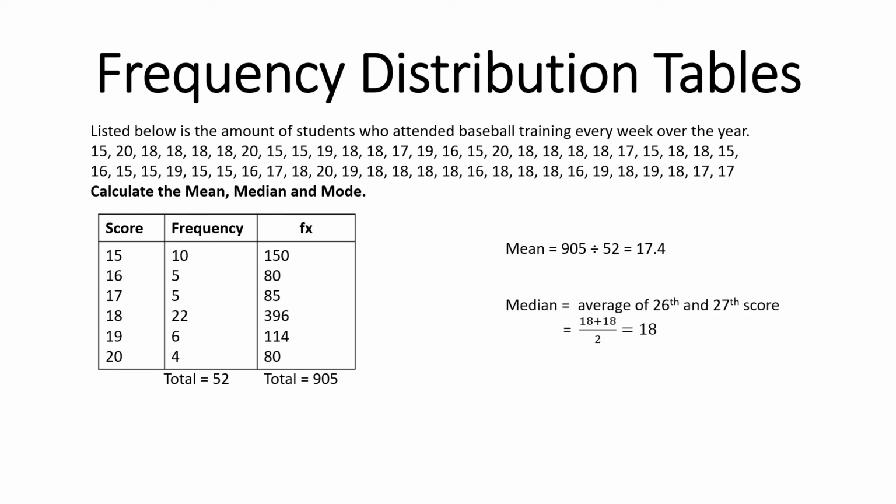To calculate the median, we know that we had 52 pieces of data. So if we go halfway between 52, that would be the 26th and the 27th score.